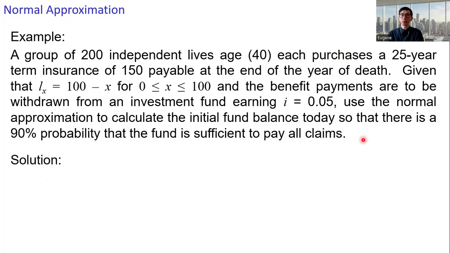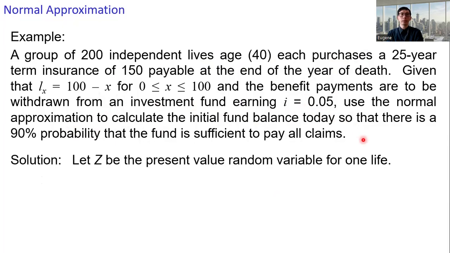Let's take a look at the solution. Let Z be the present value random variable for one life. The expected value of Z: we have 150 times the 25-year term insurance.